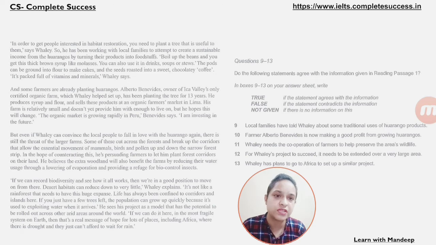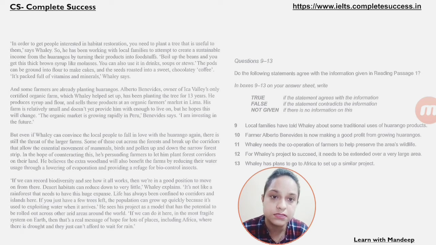So the answer would be false, because the question says that for the project to succeed, it has to be extended over a large area. No, he sees it as a model to apply at other places, not to extend. So the information is opposite. His project is already successful, that's why he wants to implement it at other places.